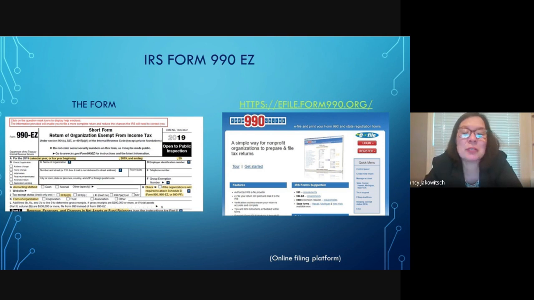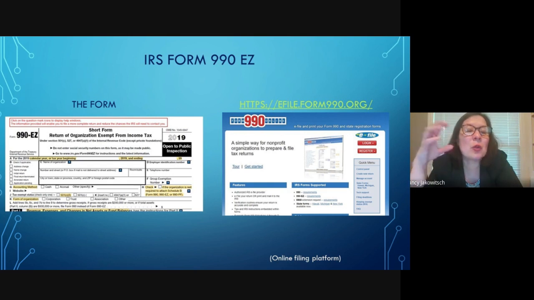This is again the annual tax filing, and as a practical matter, the board has the fiduciary duty to make sure that this is complied with, that the document is prepared. If at all possible, the board has a chance to review it and adopt it beforehand, or at a minimum, you're sending it to the board before submitting it to the IRS.